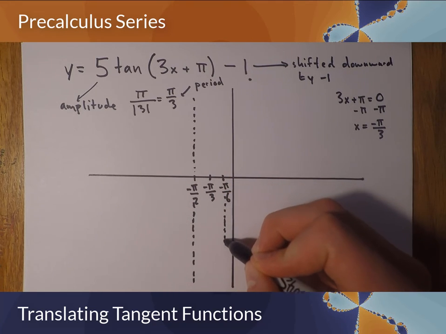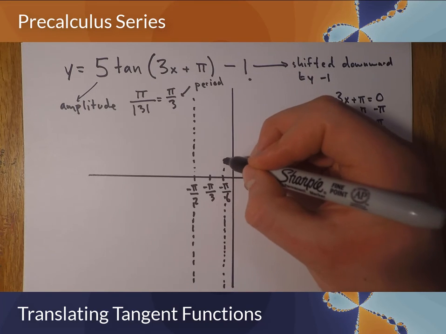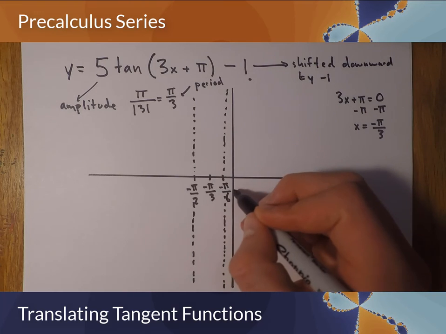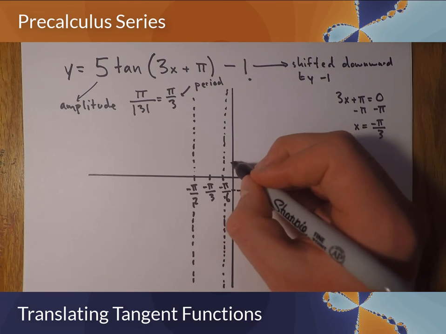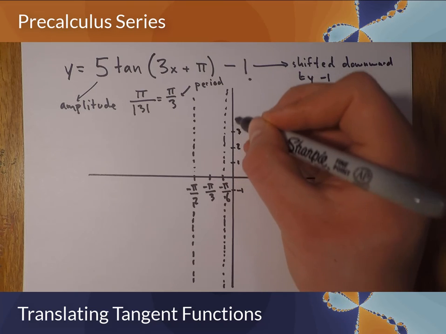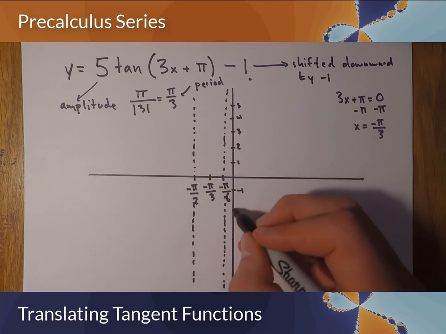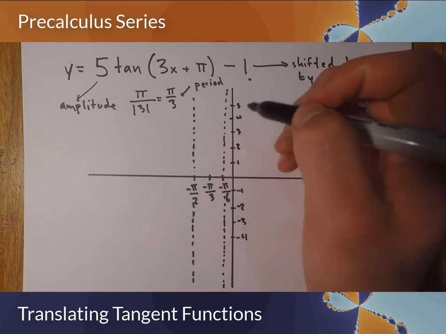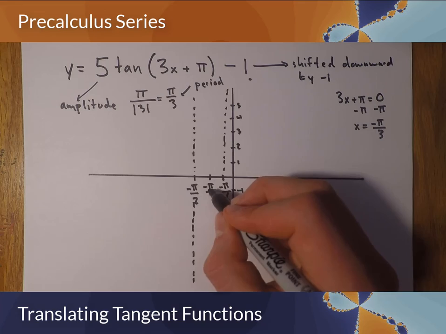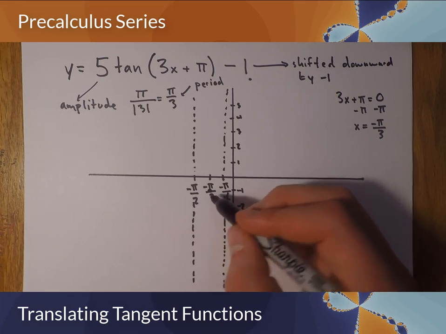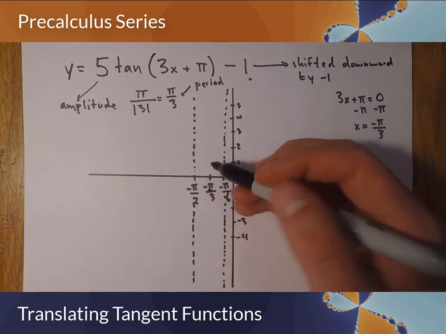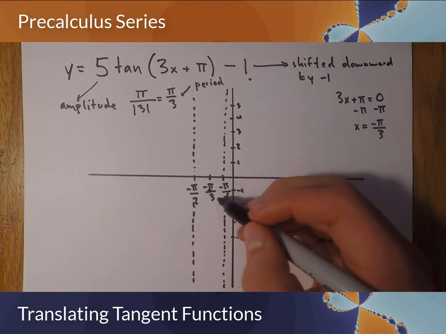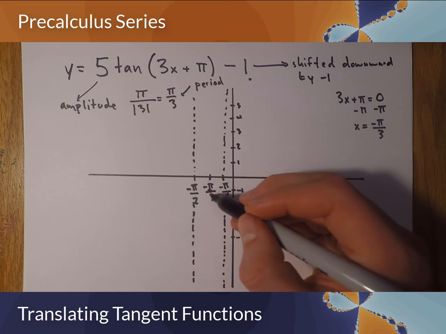And now we have to think about it being shifted down by negative 1. So if we have negative 1 here, we have 1, let's label these axes, and same down here. Now think of negative 1 as equivalent to the 0, 0 of the normal tangent function. It has an amplitude of 5, so halfway between here, it's going to move up 5.